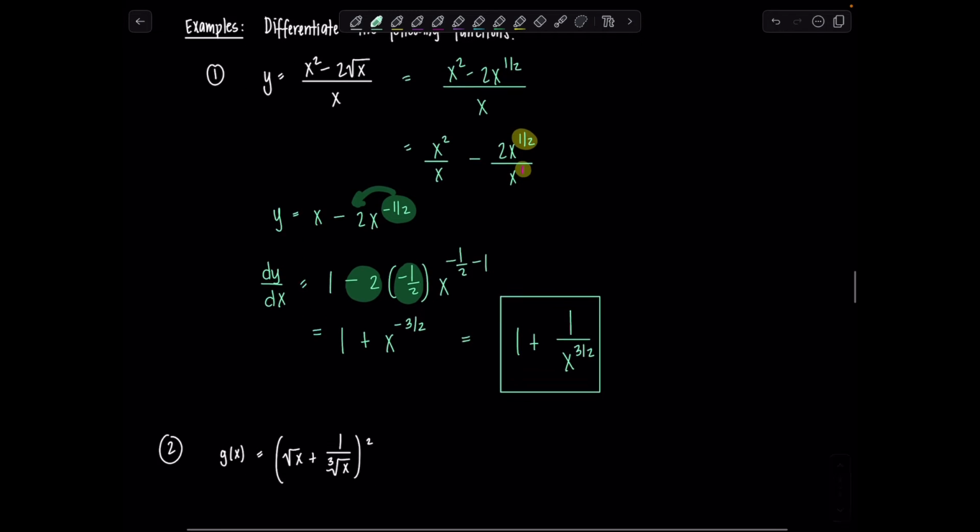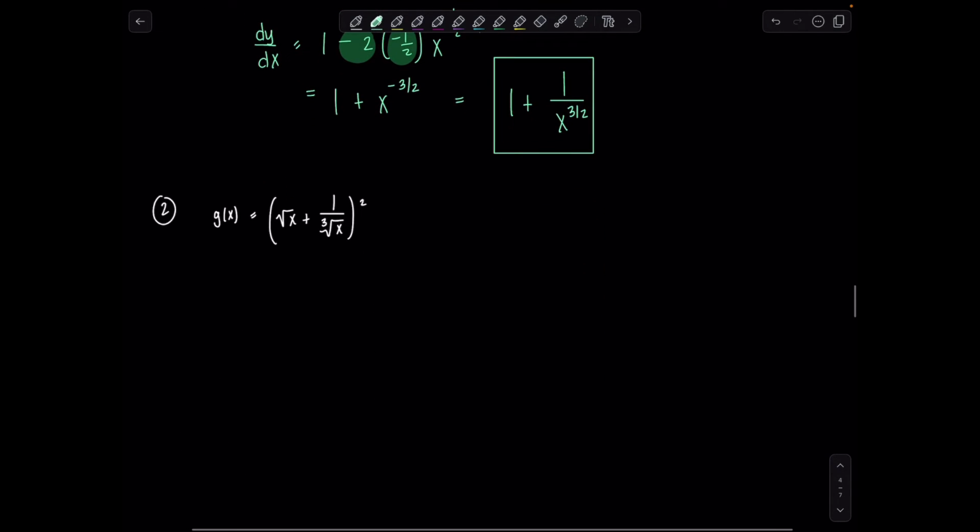Okay, let's try another. G of x equals the square root of x plus 1 over the cube root of x squared. So first, before we take the derivative, let's rewrite it using rational exponents. So I'm going to write this as x to the 1/2 plus x to the negative 1/3 squared.